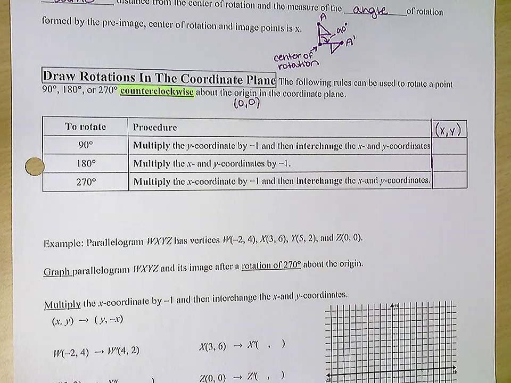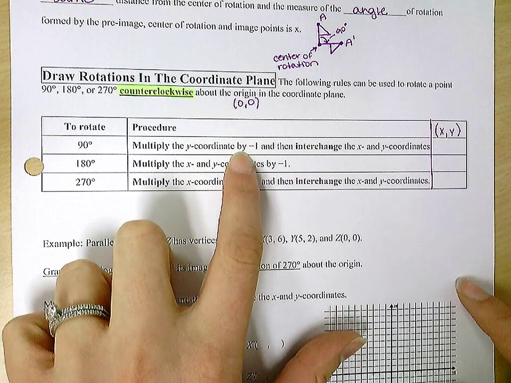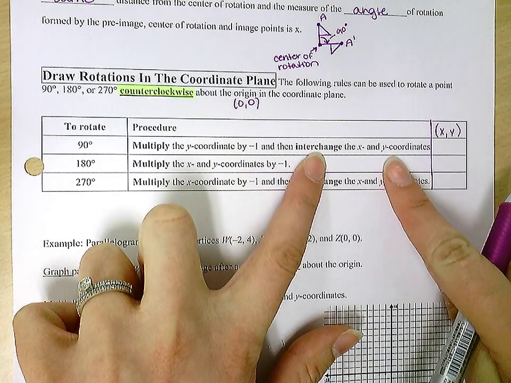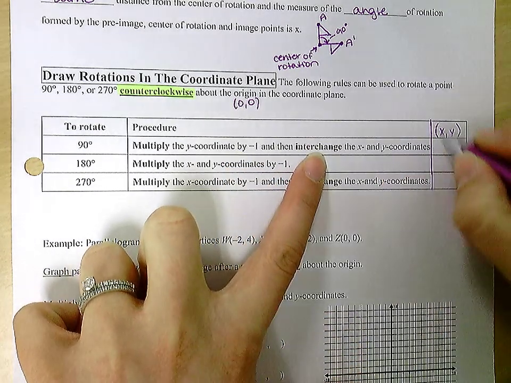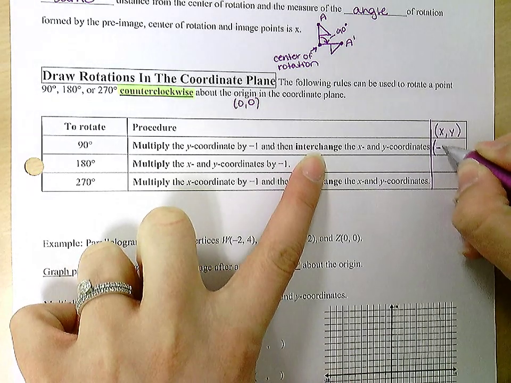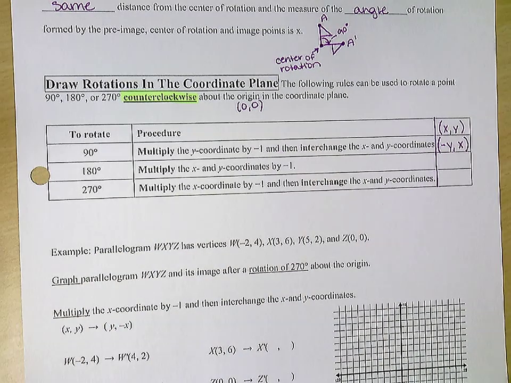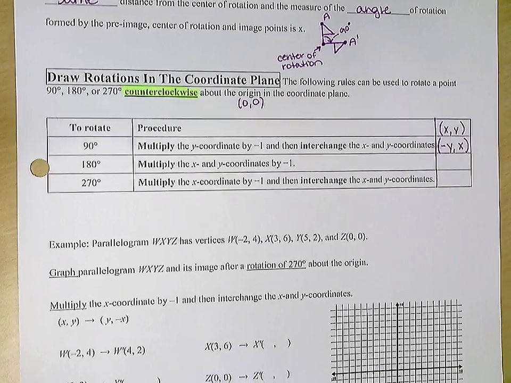That's your pre-image coordinate, your starting one. To rotate that 90 degrees, you take the opposite of your y value and then interchange x and y. So your new coordinate should be (-y, x). That's how you would change that original coordinate to find your new one.